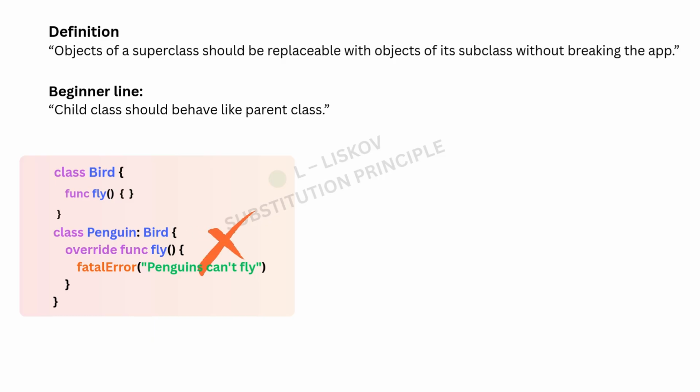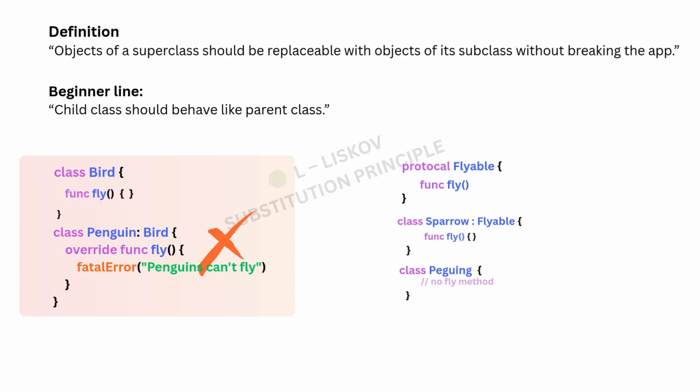So what we do is create a protocol with the flying function. Now we have the classes Sparrow and Penguin. A sparrow can fly, so we conform to the protocol Flyable, but a penguin is not flyable, so we do not conform to this protocol.